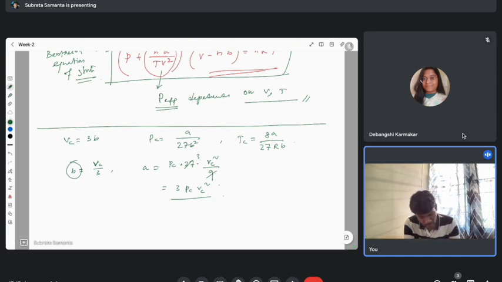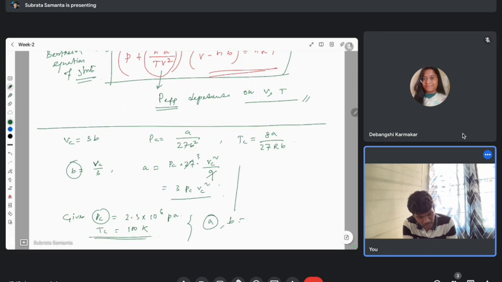Yeah, so in the assignment, let's say P_c is given as 2.3 times 10 to the power 6 Pascal, and T_c is, let's say, 100 Kelvin, right? So we calculate a and b, the van der Waals constants.